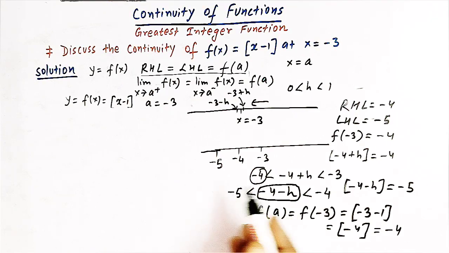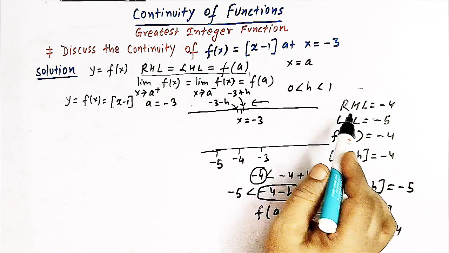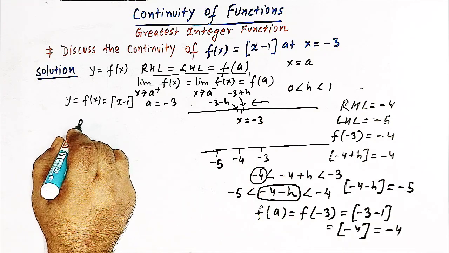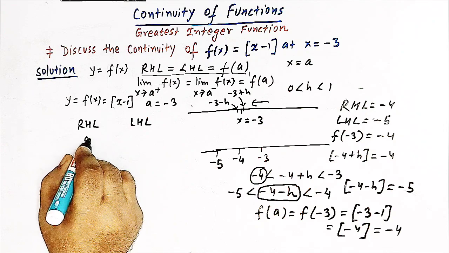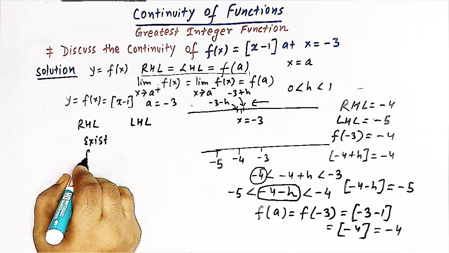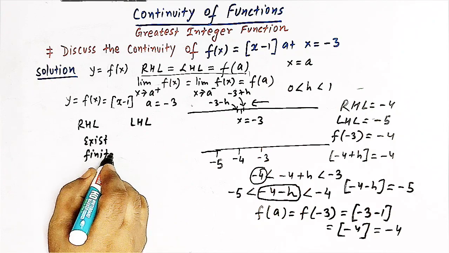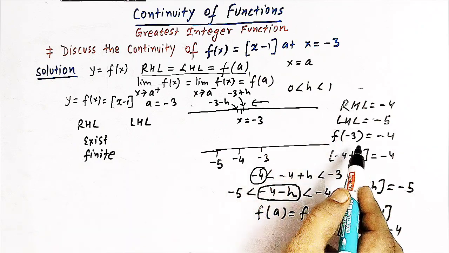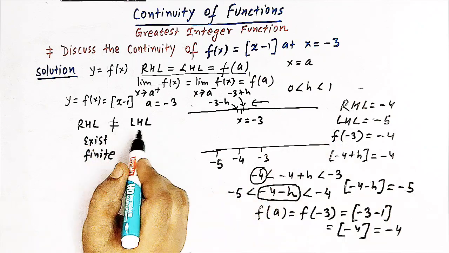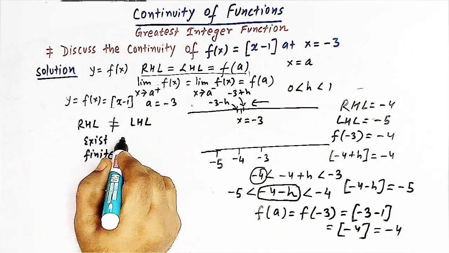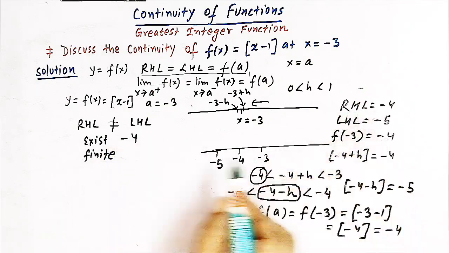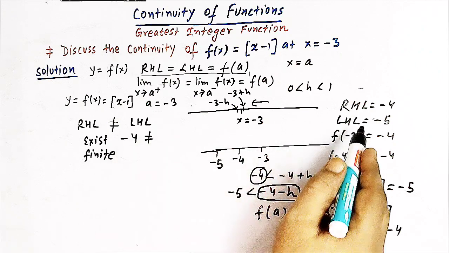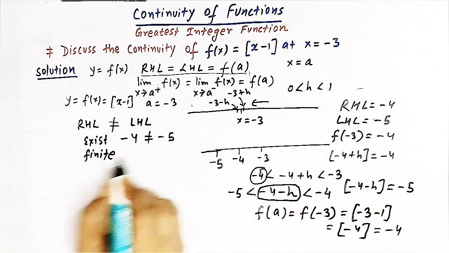So, from this discussion, we have seen that although the right hand limit and the left hand limit both exist and they are finite, right? But the right hand limit, that is minus 4, is not equal to the left hand limit, that is minus 5.